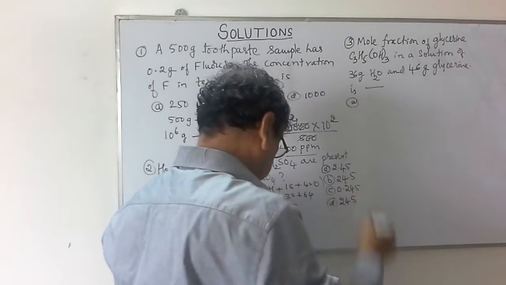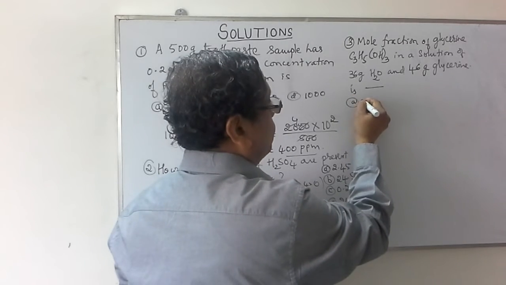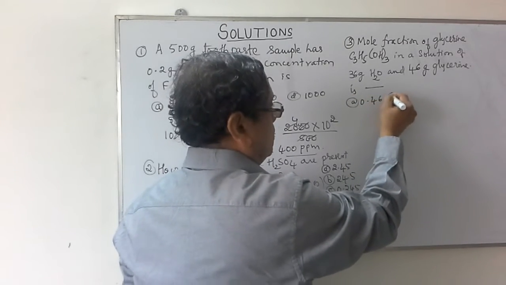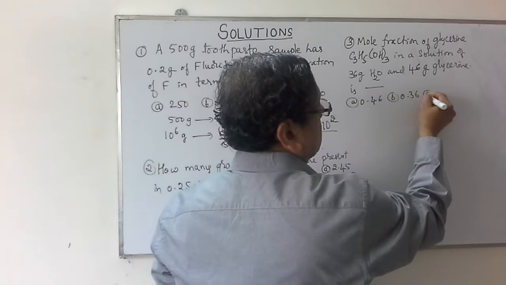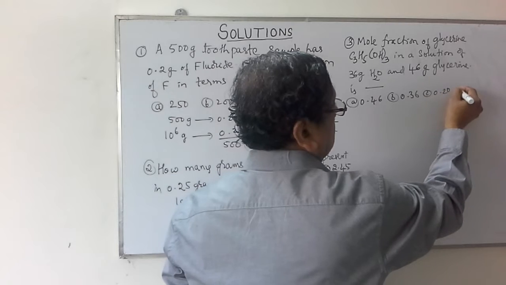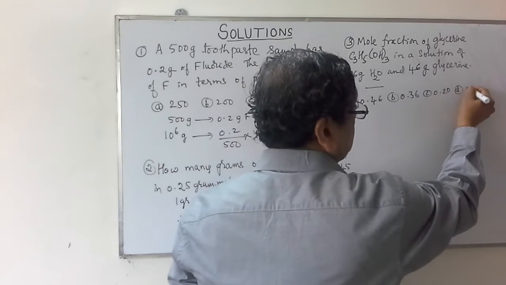The four options given are 0.46, 0.36, 0.20, 0.40.